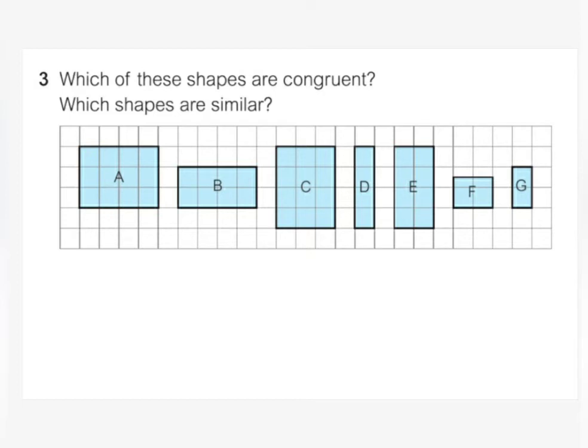Now, as we said, congruent means identical. Which shapes here, you can say they are identical? And remember, you can flip the shapes as much as you can. So flipping the shape doesn't change the fact that they are congruent. Now, the answer will be, very good, we have A and C, they are congruent.